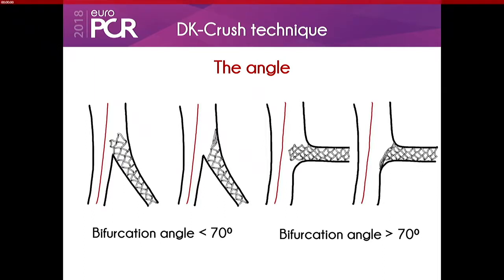If it's culotte, you have to reroute your wire, but if you want to do TAP, you keep your wire in that OM. So there's always that advantage when we have a large branch: what technique can allow me to keep the wire in that branch without having to recross it again. That's, I think, part of my strategy when I think about it. But I think this is a very nice demonstration.